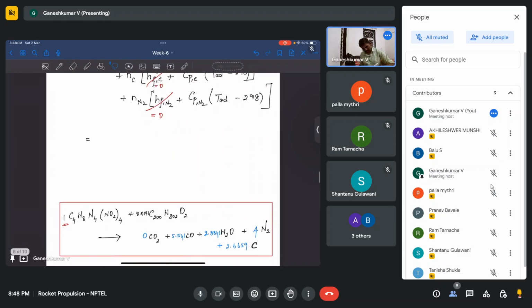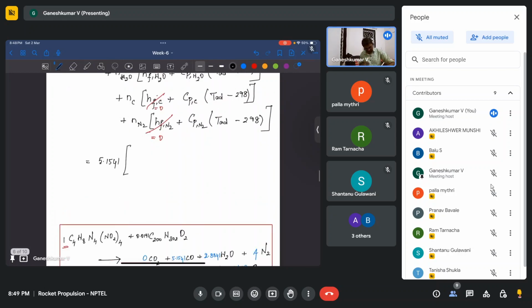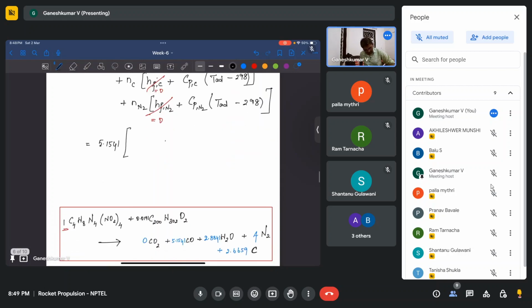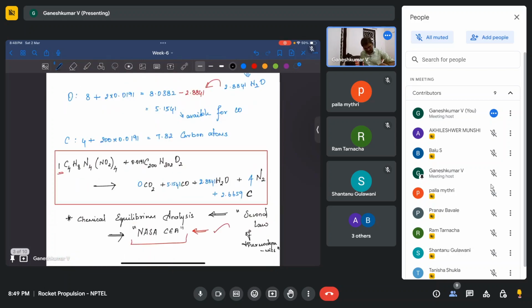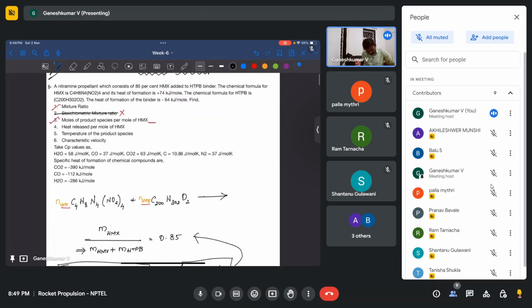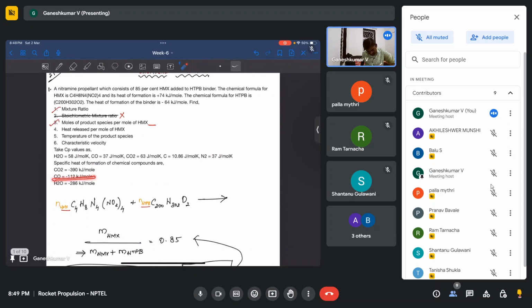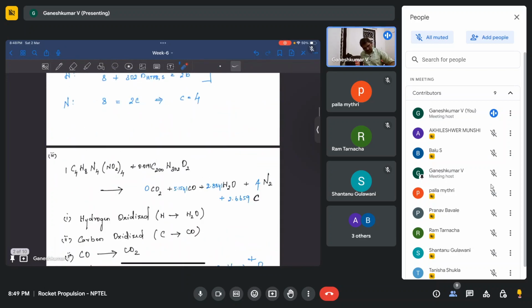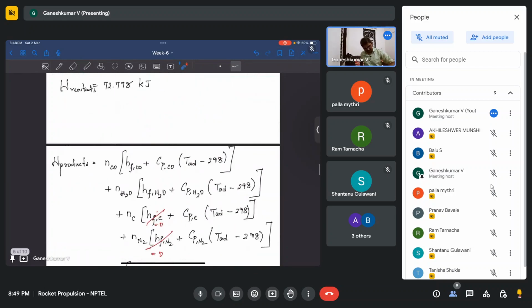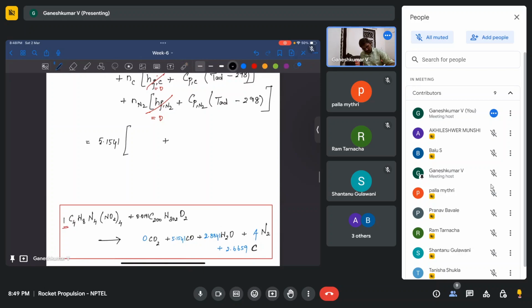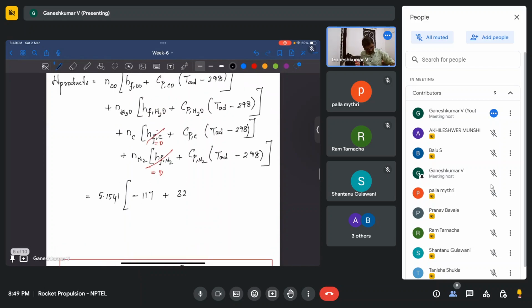So 5.1541 into HF of CO, which is something they are given, plus CP of CO. HF of CO is minus 112 and CP of CO is 37. All are on a per mole basis, so we can directly use it. Minus 117, I think it's 32 something, into T adiabatic minus 298.